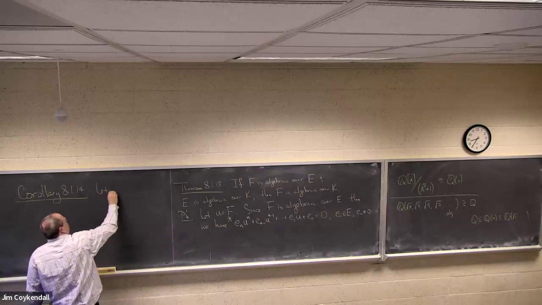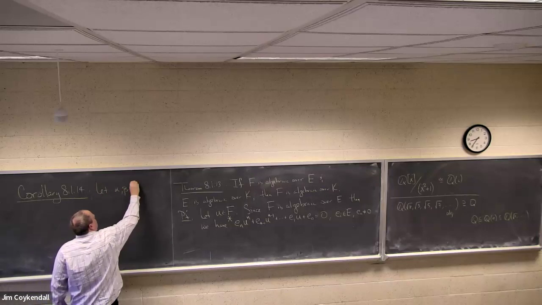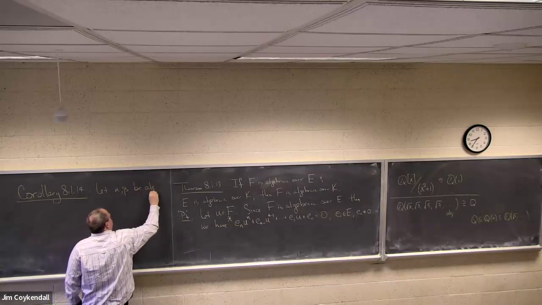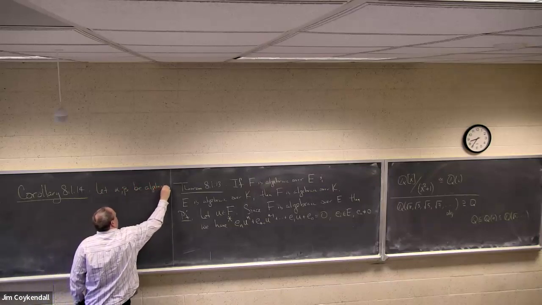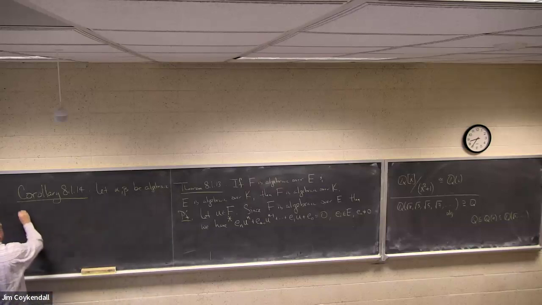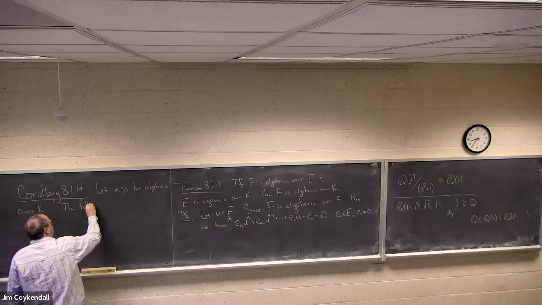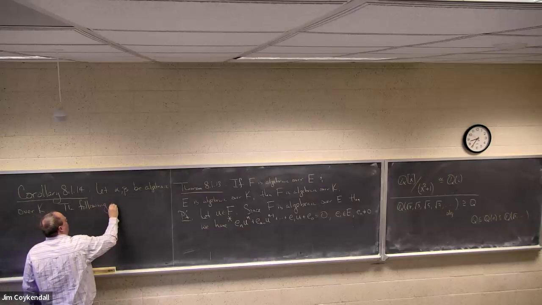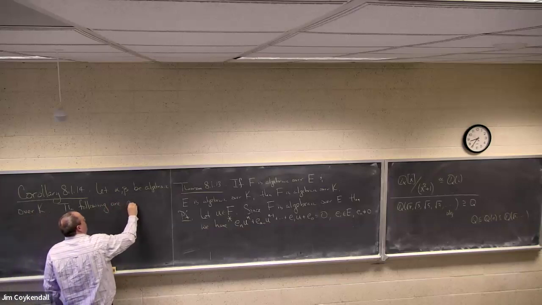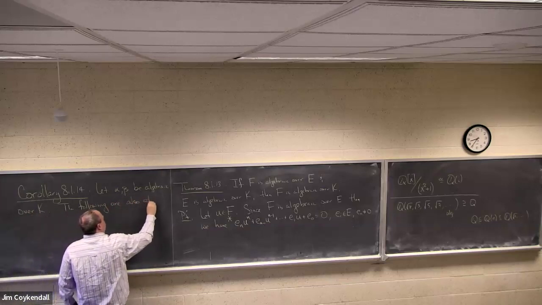Let alpha and beta be algebraic over K. The following are also algebraic.